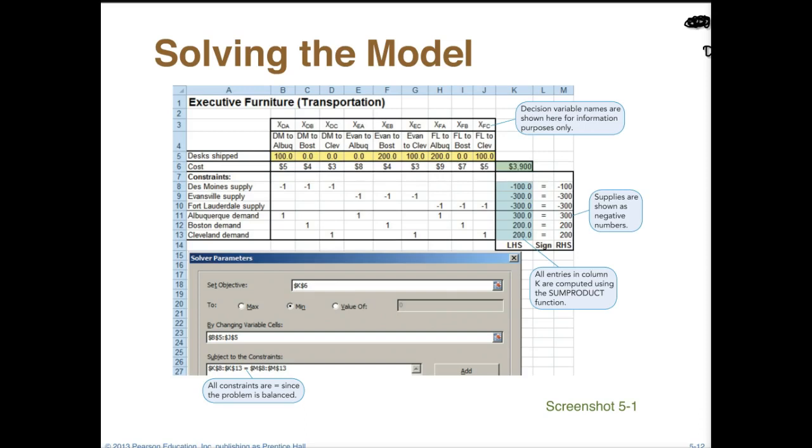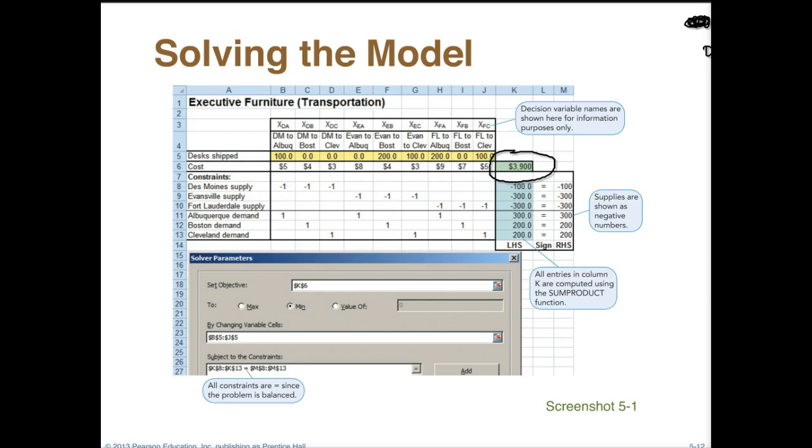Okay? And we saw that with that particular model of supply equaling demand, we had a total shipment cost to get those desks to all those locations of $3,900. Okay? Now, this is the optimum solution based upon what we modeled.